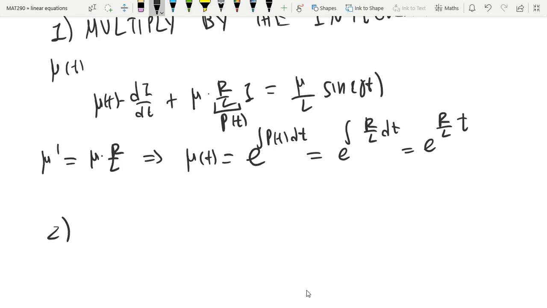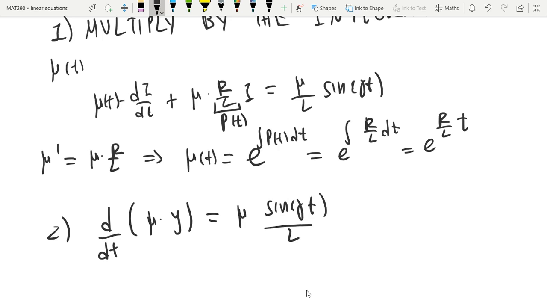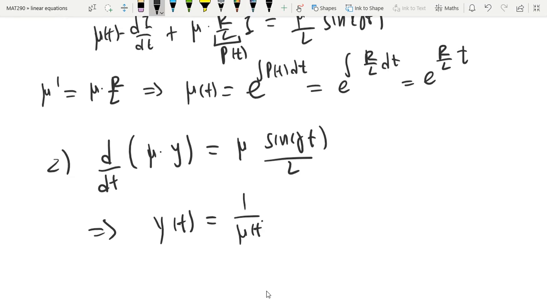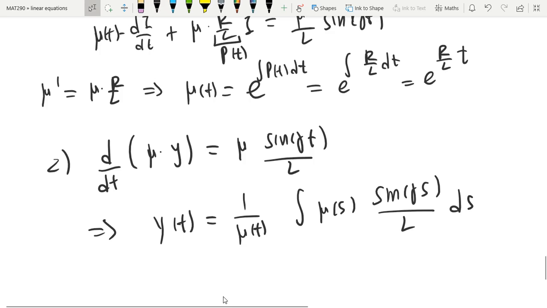Right. So the next step was what? We had d/dt of mu times y equal to mu sine gamma t over L. And then we integrate. So y of t is equal to 1 over mu(t), and then integral of mu(s) sine gamma s over L ds. Okay.